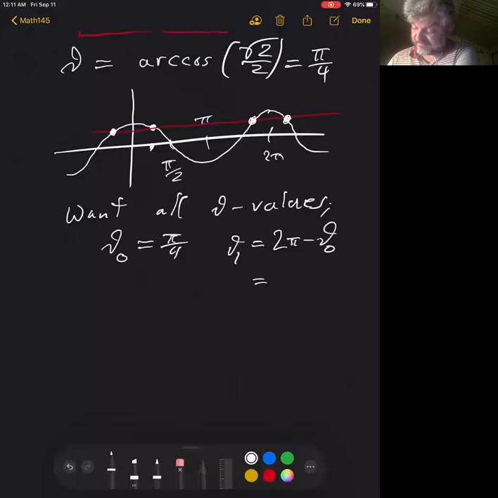So this is 2 pi minus pi over 4. That's 7 pi over 4. But it works not just for nice angles, it works for any angle. If you want to mirror it about that line, then go 2 pi minus theta and you get your mirror image. Talking about the vertical line x is pi, the cosine graph has a symmetry axis there.